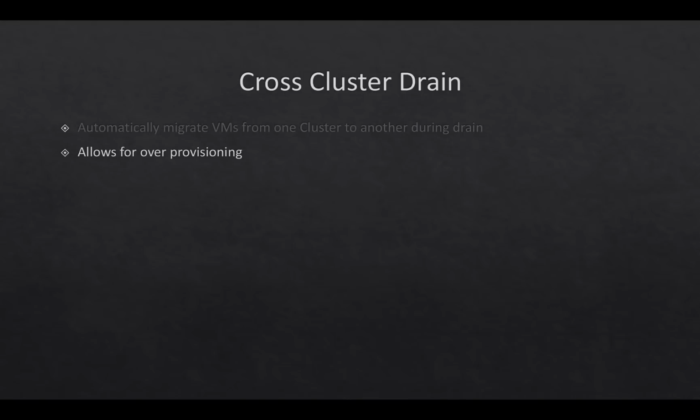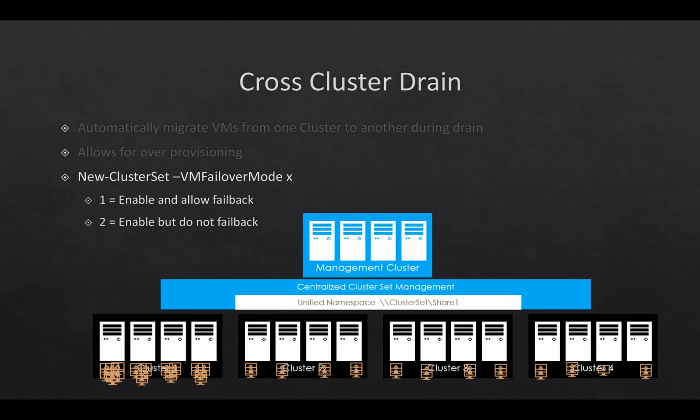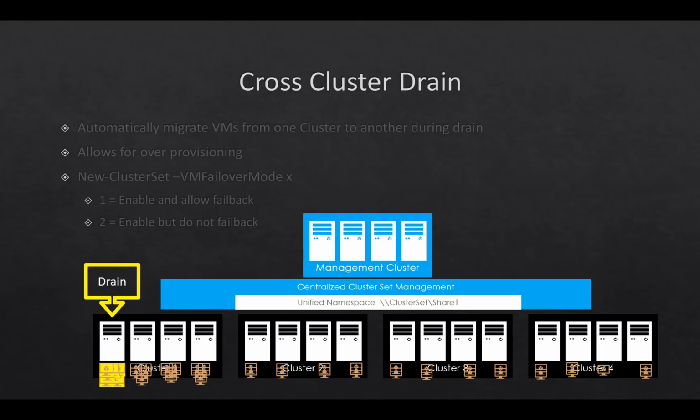This can allow, if you wanted to over provision some clusters, you can. And a simple command with the parameter VM failover mode. With that, there's 2 options. You can enable it and allow it to fail back once the nodes come back, or enable it but don't fail them back.